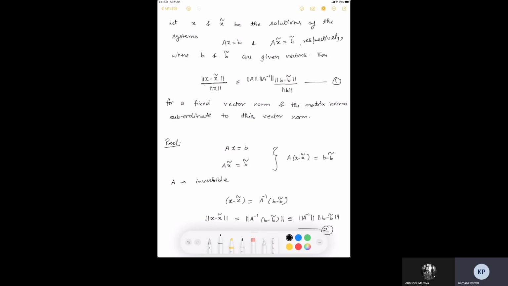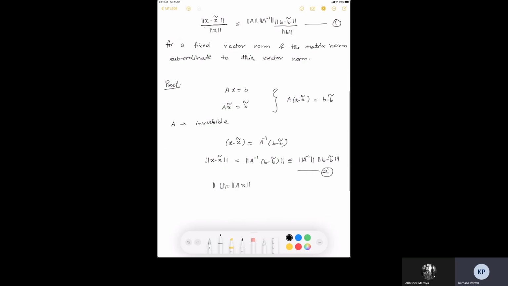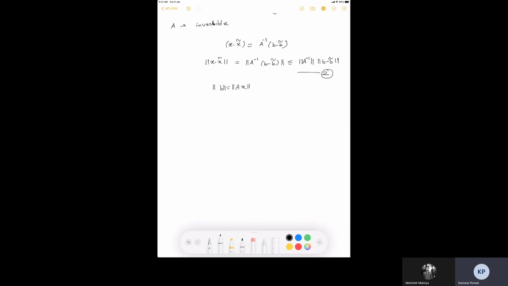If I want to get that 1 by norm of x is less than or equal to something, this means that I have to get norm of x greater than or equal to something. Then the reciprocal will be less than or equal to. So using the property of the matrix norm, norm of b is less than or equal to norm of A into norm of x.